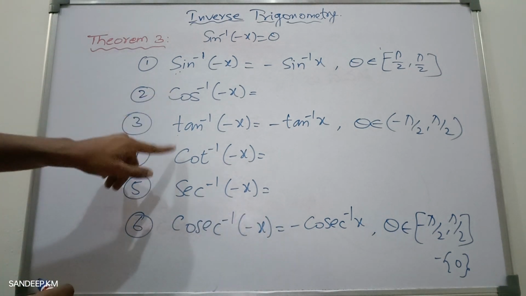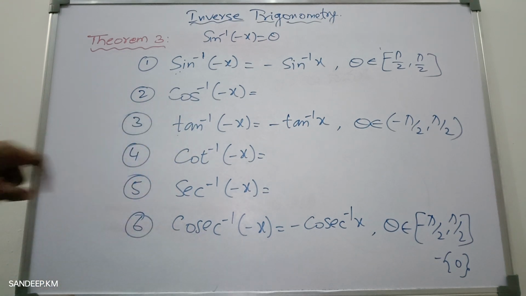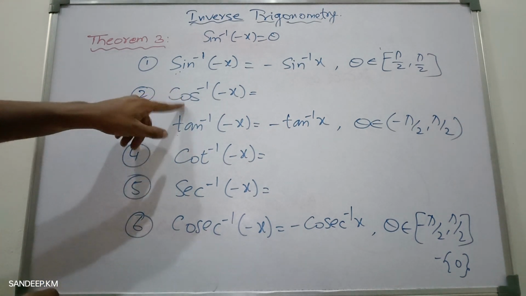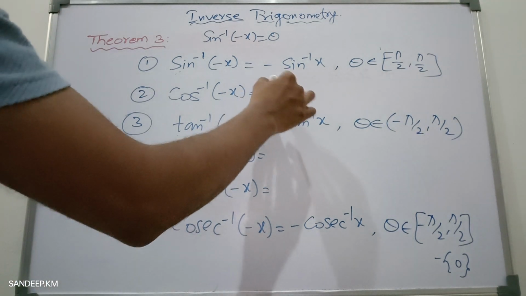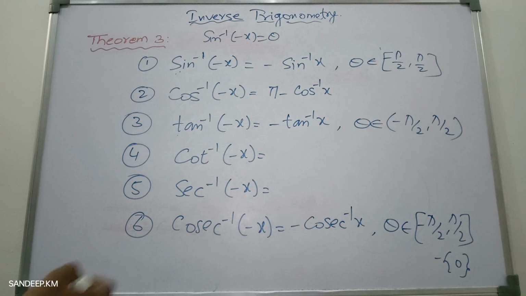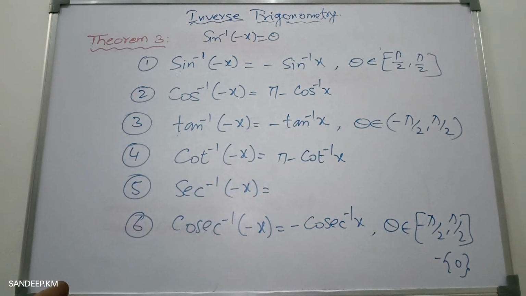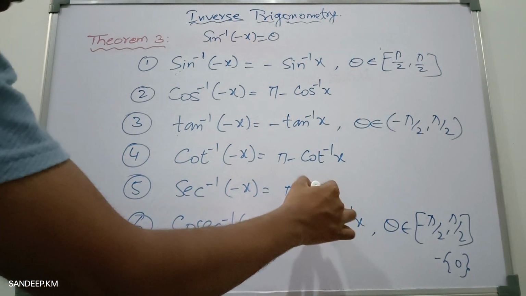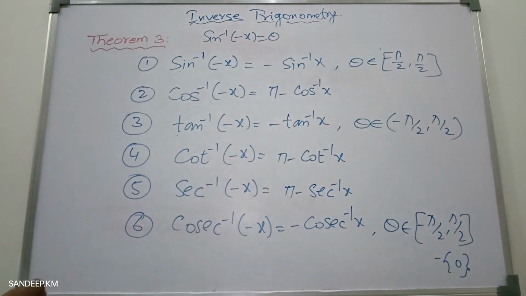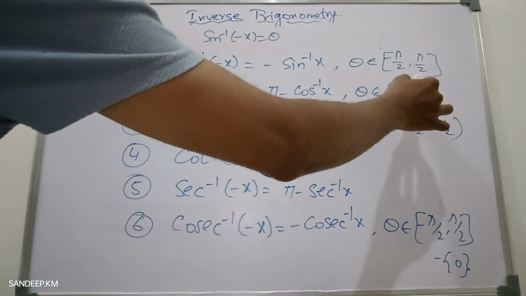And for the remaining three, cos inverse of minus x, cot inverse of minus x and secant inverse of minus x: cos inverse of minus x means pi minus cos inverse x, cot inverse of minus x means pi minus cot inverse of x, and secant inverse of minus x means pi minus secant inverse of x. And what is the reason? Here theta belongs to 0 to pi.